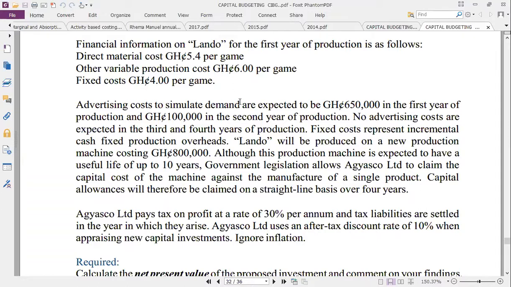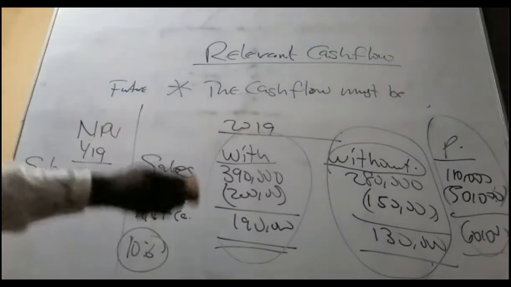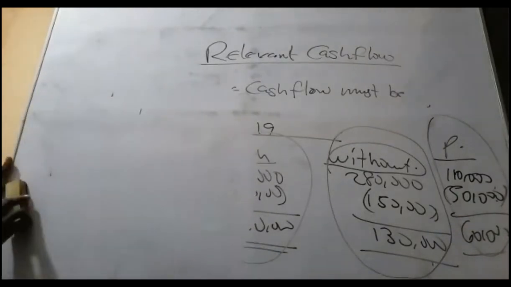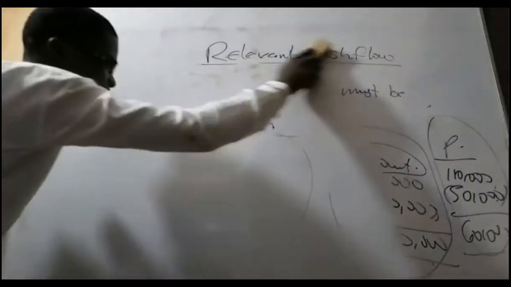Now let's see. So I'll explain the tax savings on capital allowance. Then we start with this.